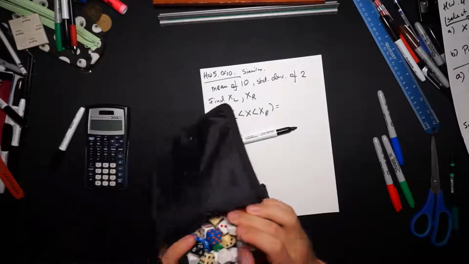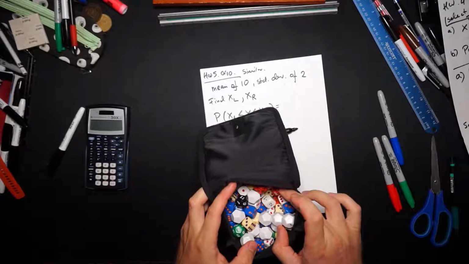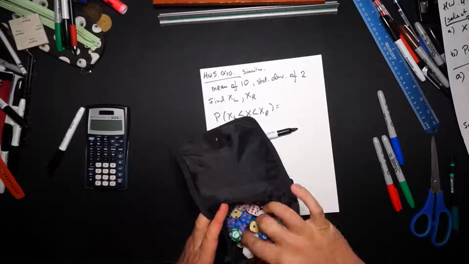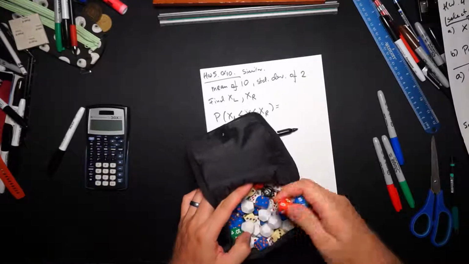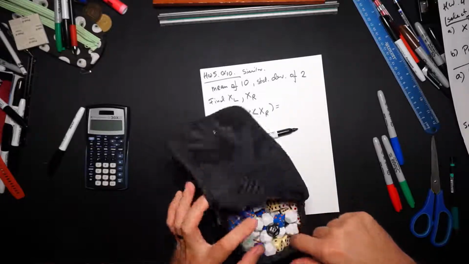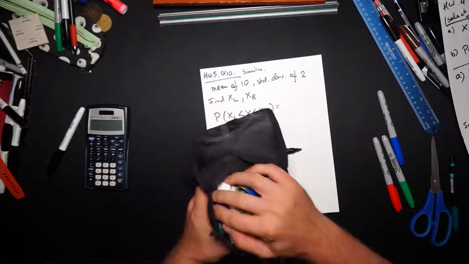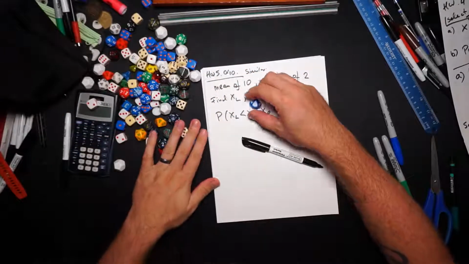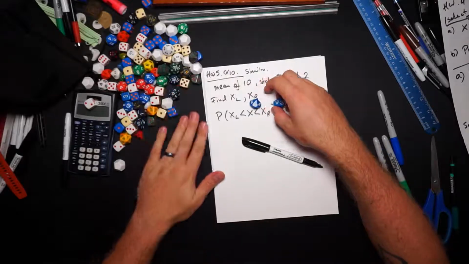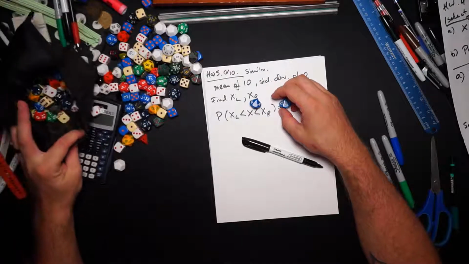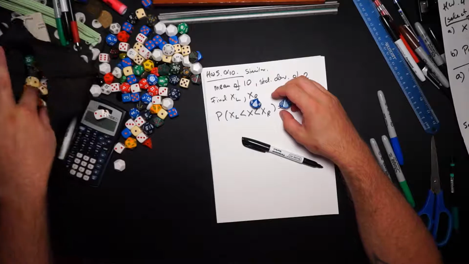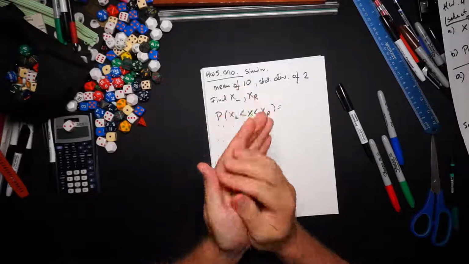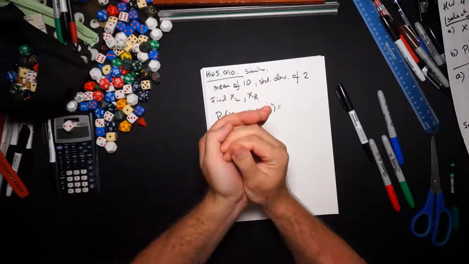So let's see, what's a good number? Oh, perfect. We have one die. Oh, actually better. Here, perfect. So we have a die, and let's do it. Feeling lucky, give me a big number.